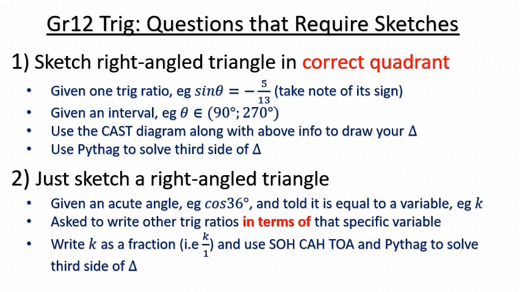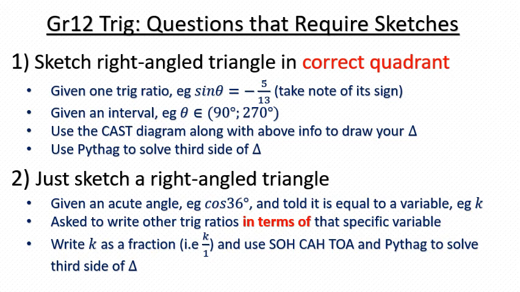So if you are given an acute angle, for example, cos 36, and you are told that it's equal to a variable k, they love k, usually k or t, p, s, r, or m, and then the instruction will be to write other trig ratios in terms of that specific variable. So that is when we also need to sketch a right angle triangle.